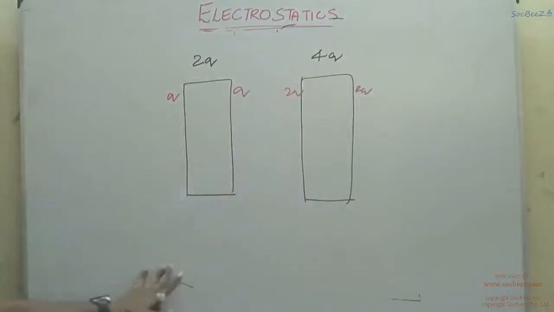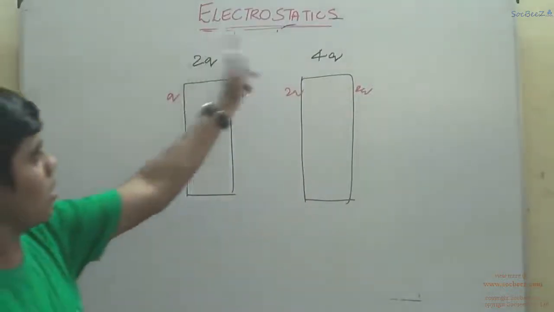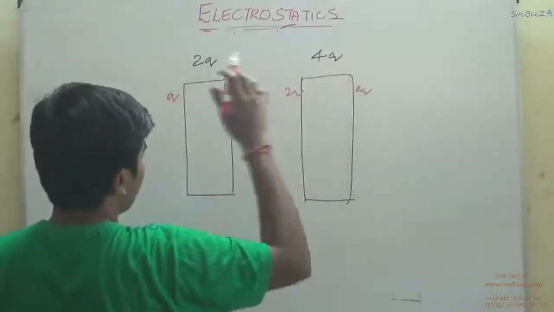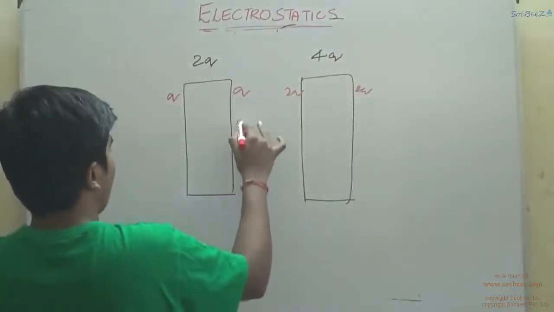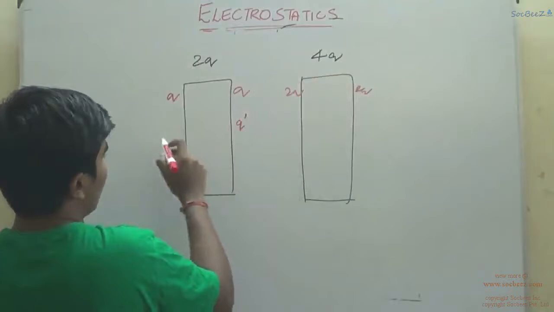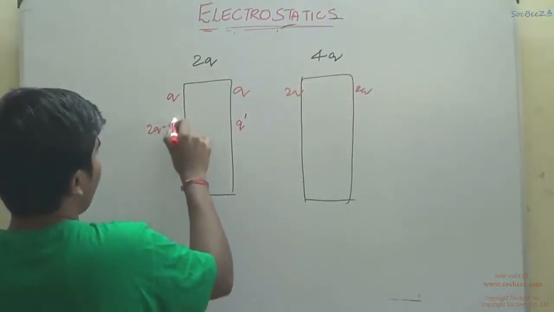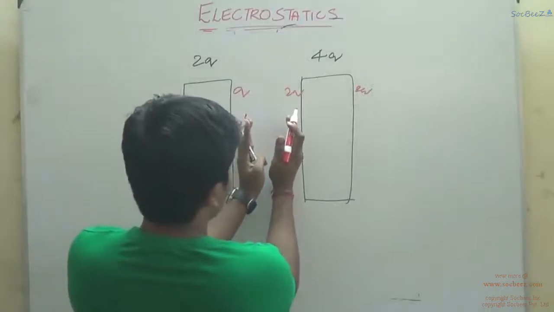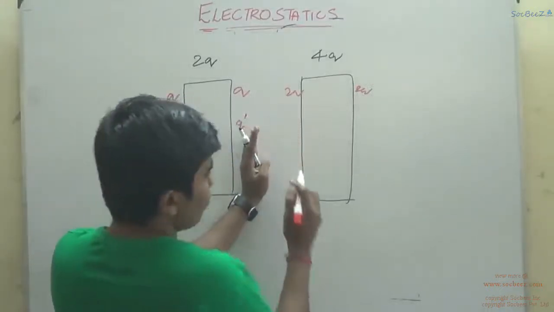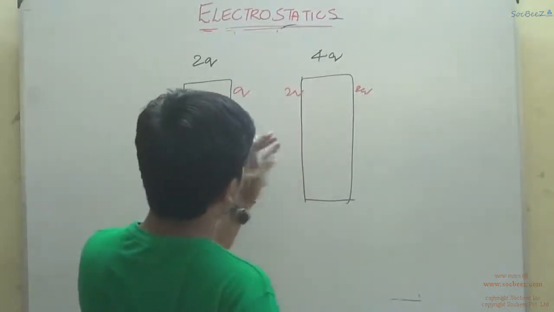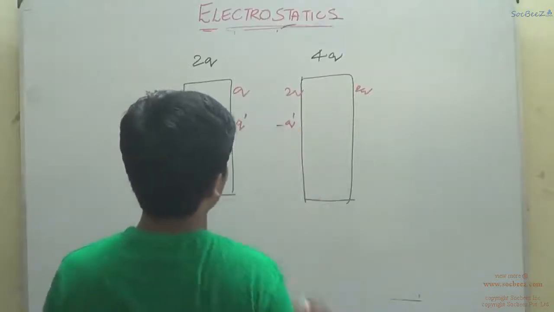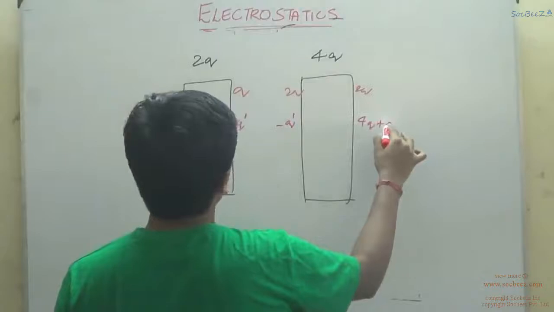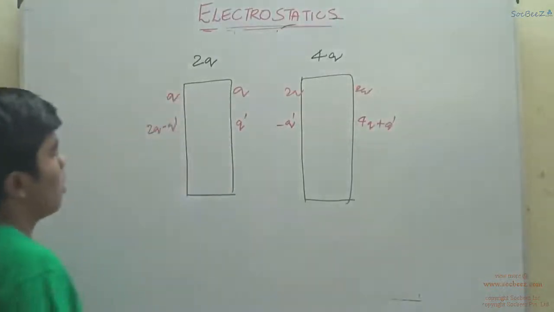So in this case, the best technique is, again, calculate the net charge. Now what is the net charge? The first procedure is, assume that here it is 2q dash, then it would be 2q minus q dash here, and the charges here and here should be opposite, so it will become minus q dash, and thus it will become 4q plus q dash, right?